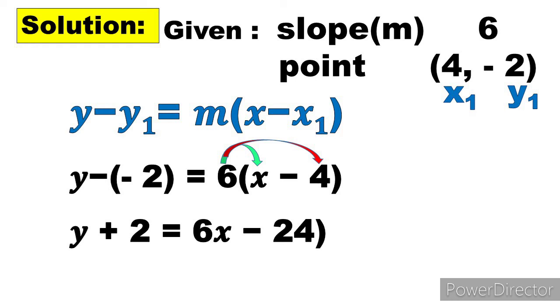And then we simplify. Negative times negative 2 is positive 2. And then we distribute 6. So we have 6 times x is 6x, and 6 times negative 4 is negative 24. Therefore, we have y plus 2 equals 6x minus 24.